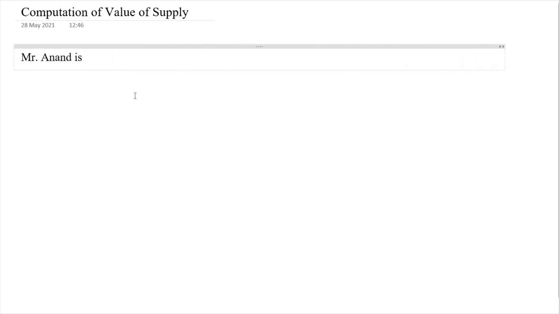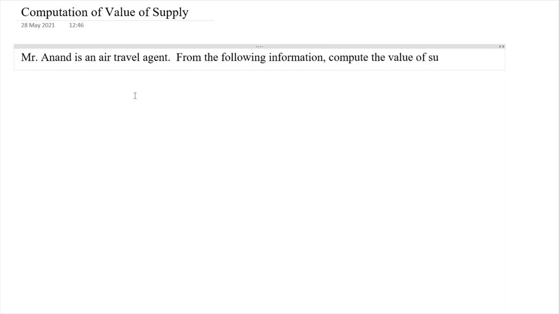Mr. Anand is an air travel agent. From the following information, compute the value of supply of services and GST at 18%.